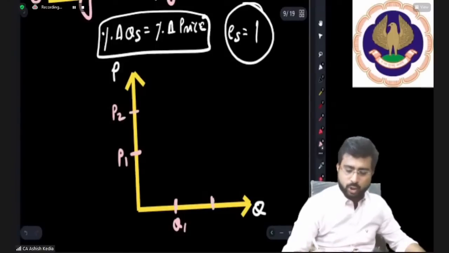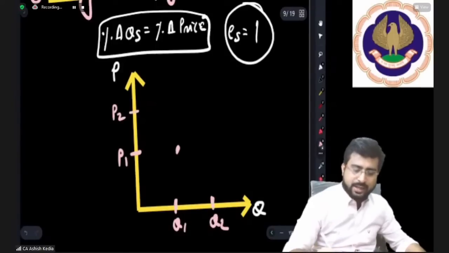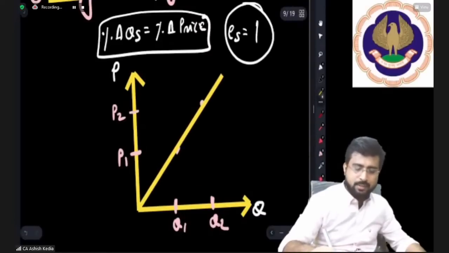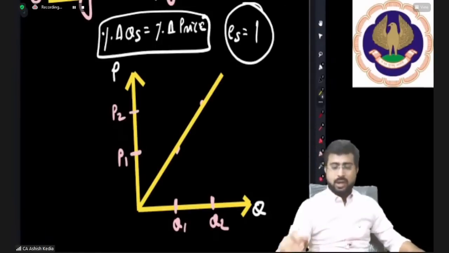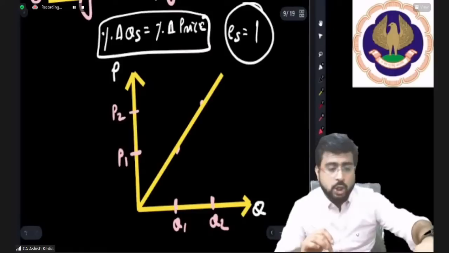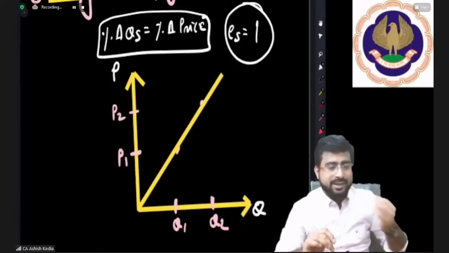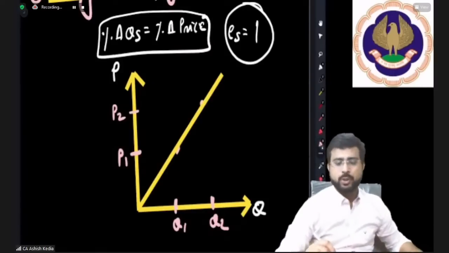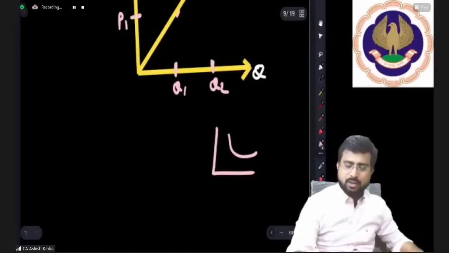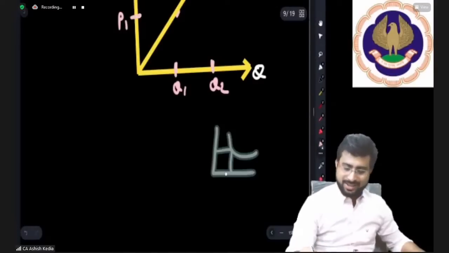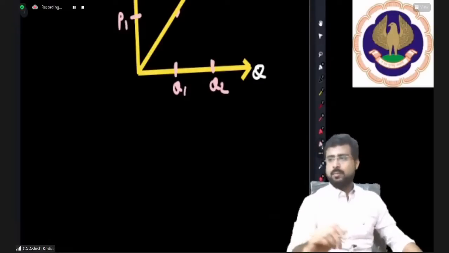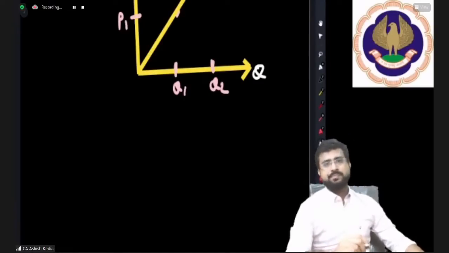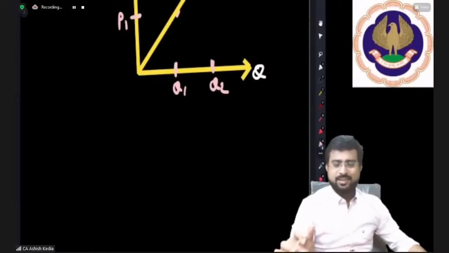So it looks like a 45-degree straight upward sloping line, much like this. And yes, friends, you will not call it a rectangular hyperbola. Better not to do it, because it's in the case of demand that you call it a rectangular hyperbola. It's not in the case of supply. I tell you again, don't do that.